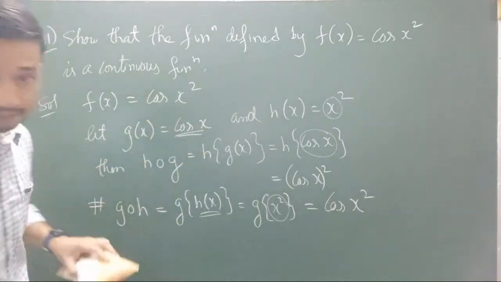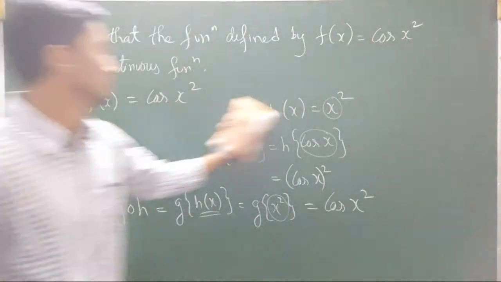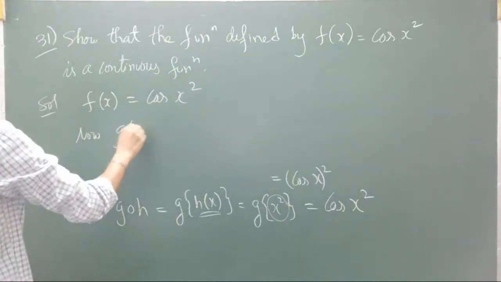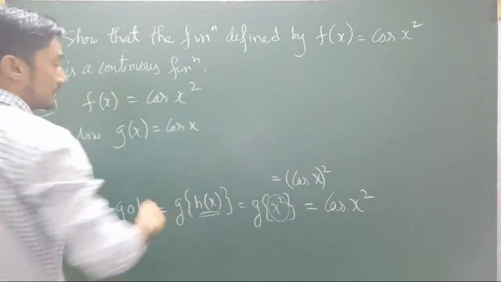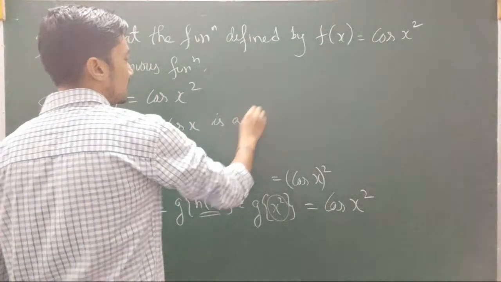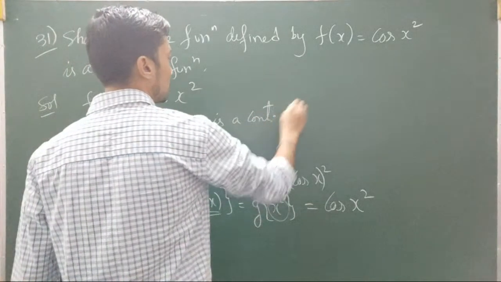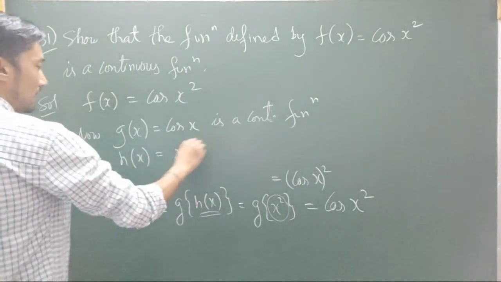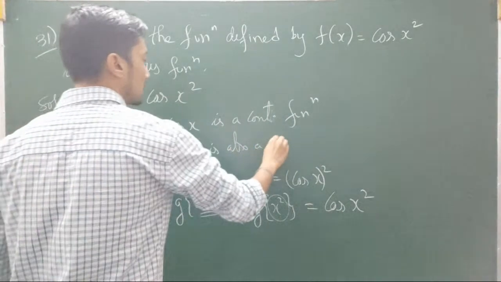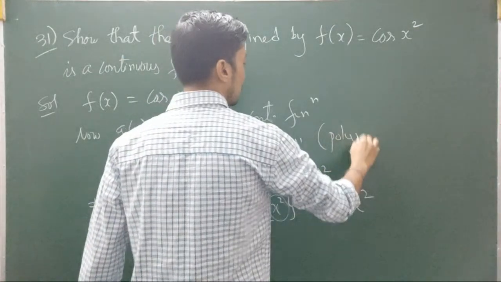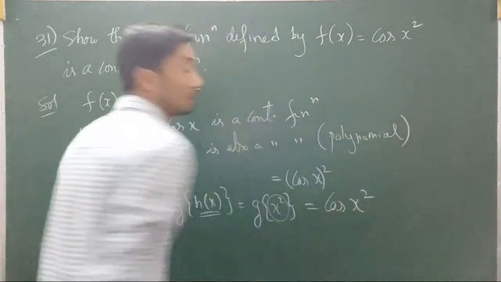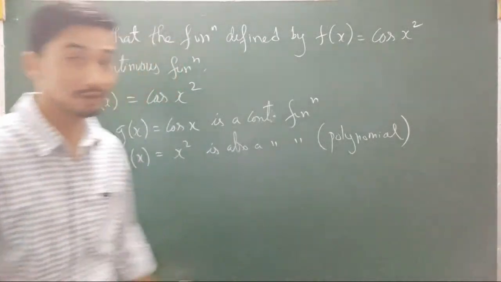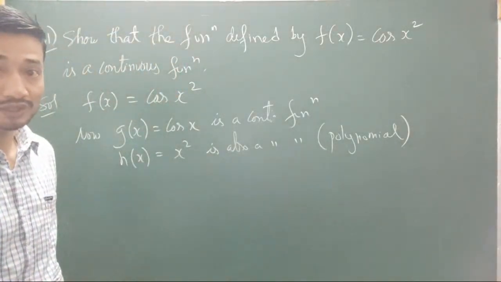Alright, now we're done. Now let's talk separately. g of x is cos x. Yesterday we already saw that cos x is a continuous function. h, which is x squared, is also a continuous function because it is a polynomial, and from the algebra of functions we have seen that polynomial functions are continuous. So if you know the theorems, it becomes very easy.